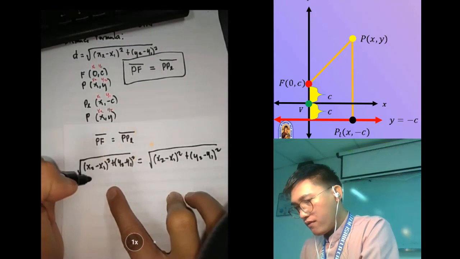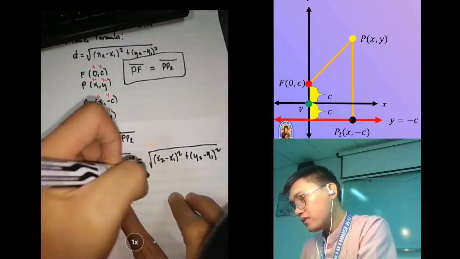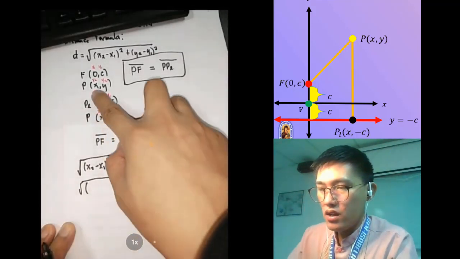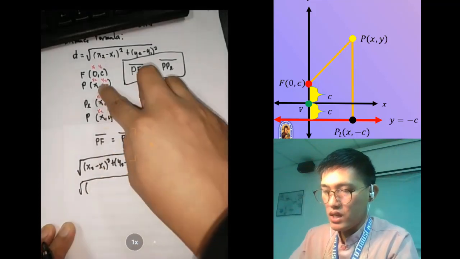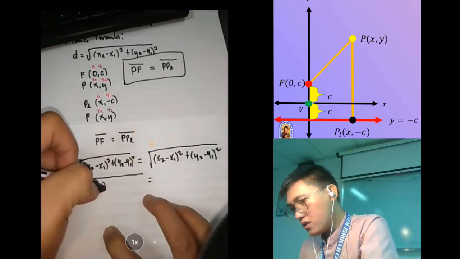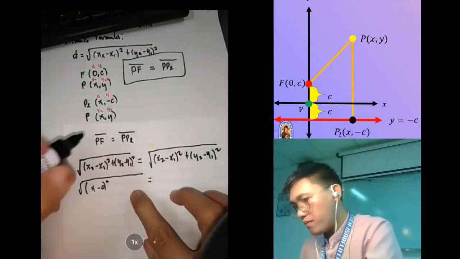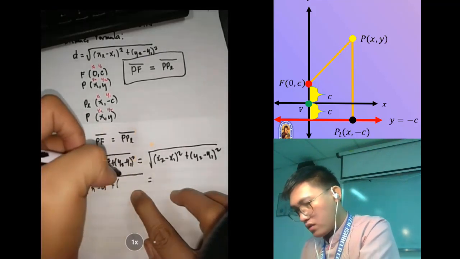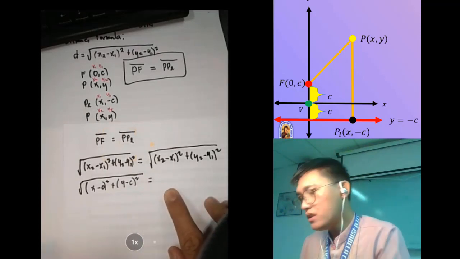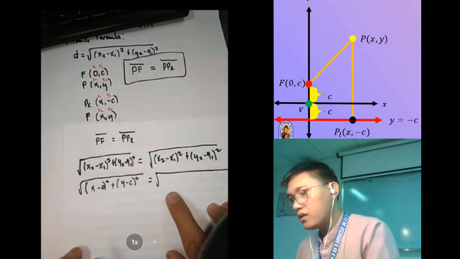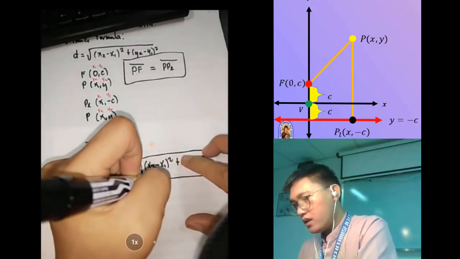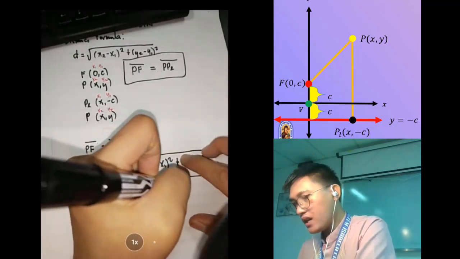Let's put them together here. For PF, we have x sub 2 is x, so that would be x minus 0 squared plus y minus c squared equals, for PL we have x minus x squared.